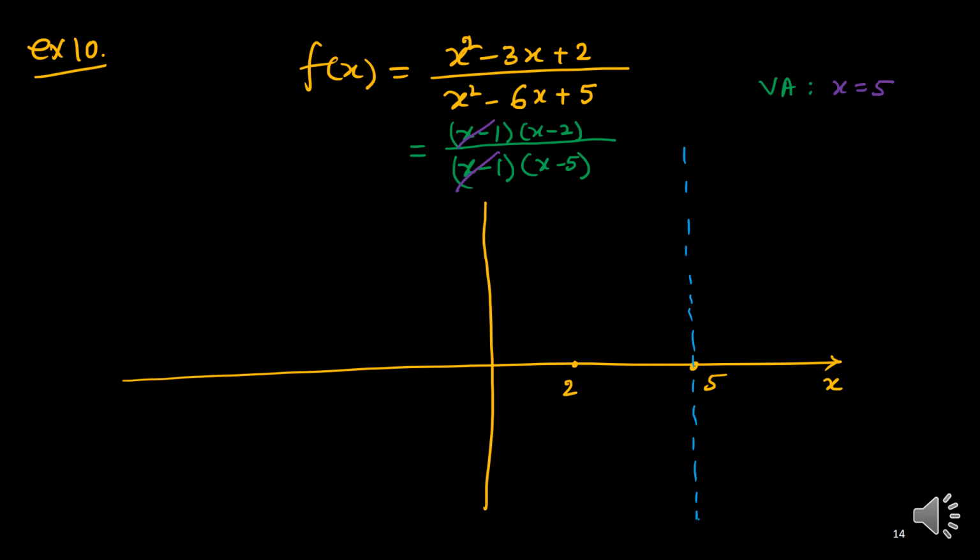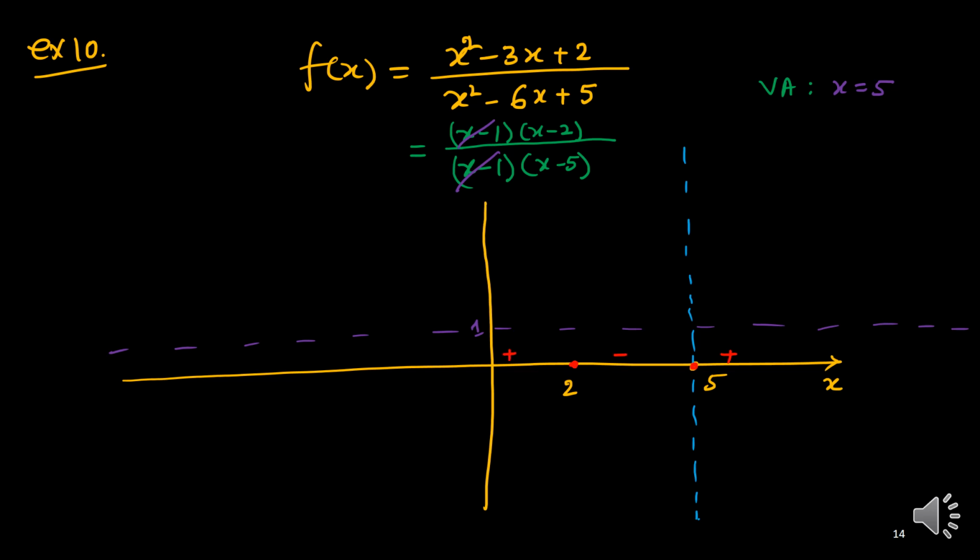As numerator and denominator are the same, I will have one horizontal asymptote, that is 1. This value is 1. So now I can put the sign. This is only 2 elements. I will not consider 1. So this side is positive, this is negative, this is again positive.